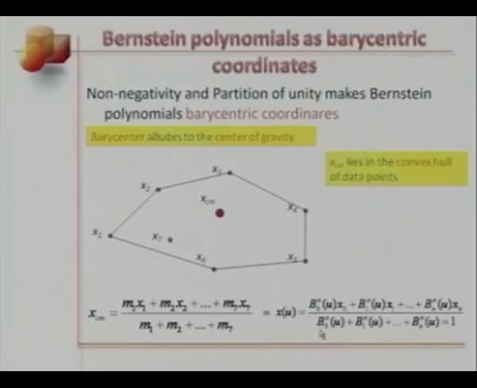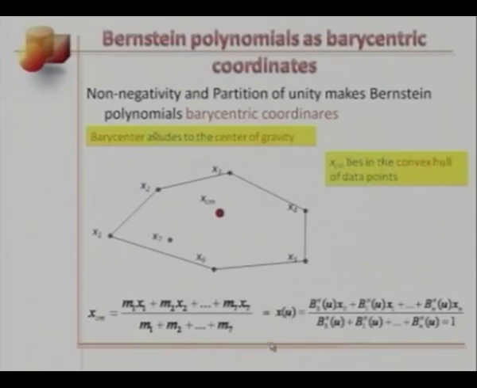We have seen, using the partition of unity property, that all these Bernstein polynomials will sum to 1. And therefore, this expression here will represent a point on the Bezier curve.